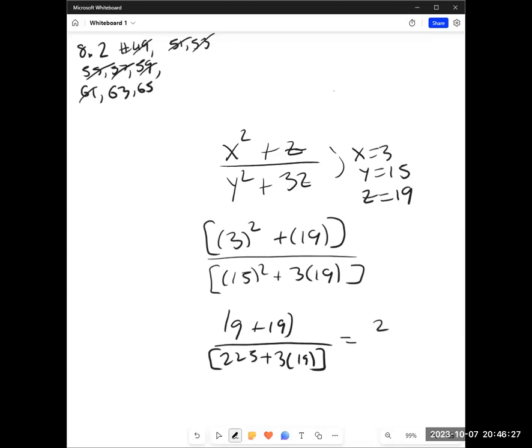Nine plus 19 is 28. This is 225 plus 19 times 3. This is 57. So this is going to be 28 over 279.